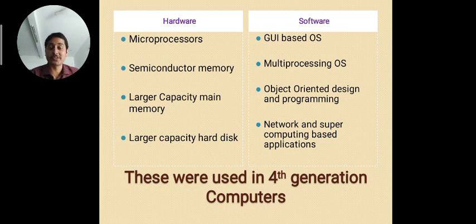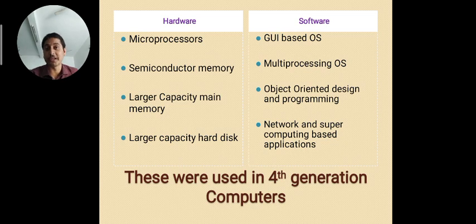Then multiprocessing OS, as it was possible for the operating system to process more than one application, more than one process at a time. Multiprocessing. Object oriented design and programming, and the codes and programs were written on the concept of object oriented.